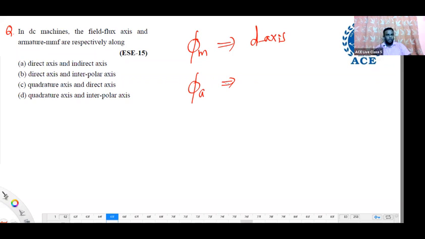Armature flux along the Q axis, between the south and north poles. That is, armature flux always lies along the Q axis. Main flux is the D axis. See, direct axis; we don't have indirect axis. Don't confuse that. We have direct axis and quadrature axis. Option B is correct.